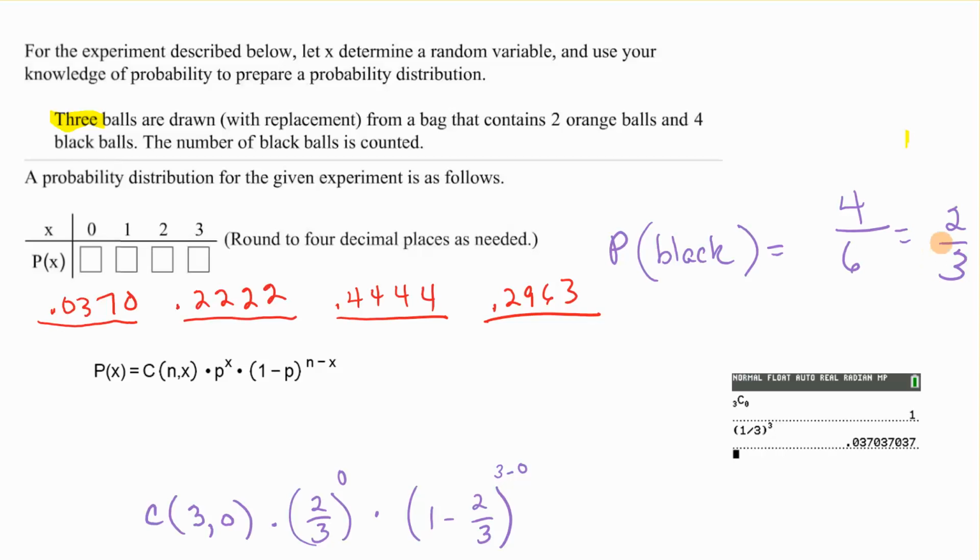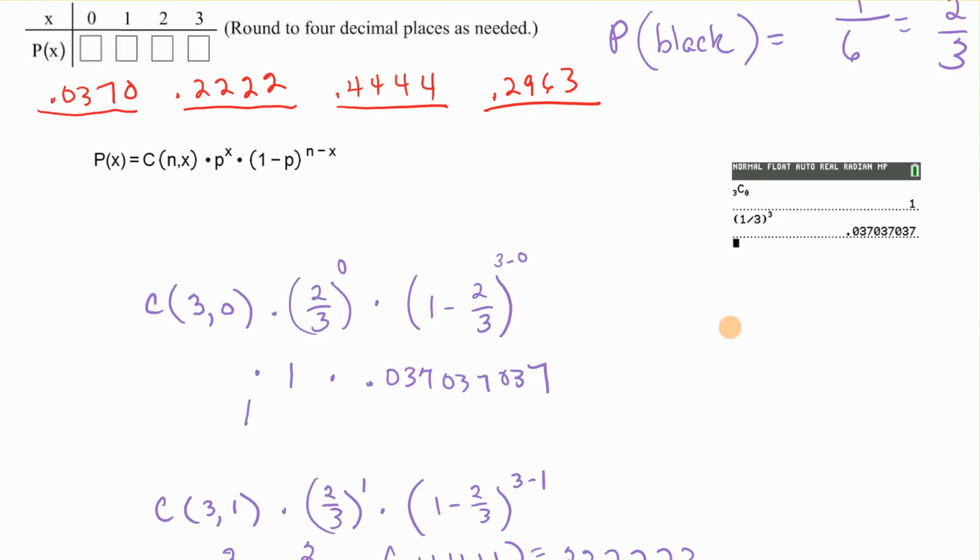That's our probability. We're going to draw 3 balls, and we have to do one each for 0, 1, 2, 3. As you can see, I've done combination of 3 taking 0 at a time, and then your probability goes here. 0 is your exponent from the formula, and then 1 minus 2/3 raised to the 3 minus 0 power.